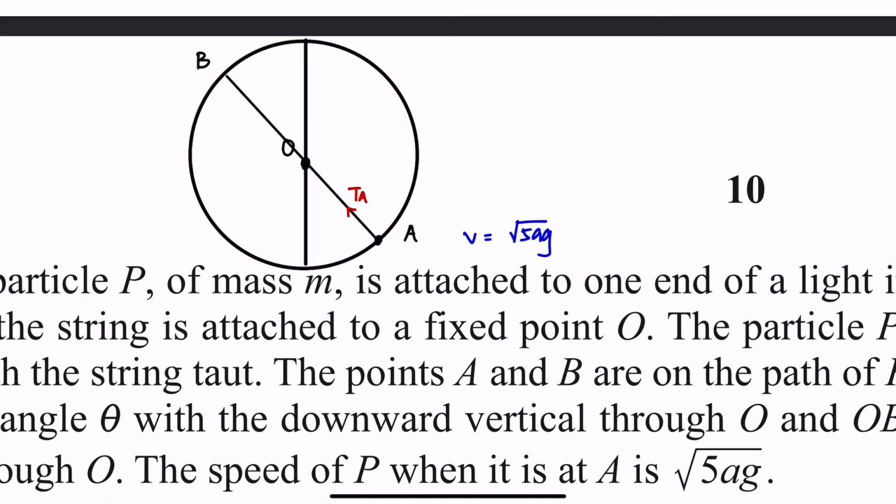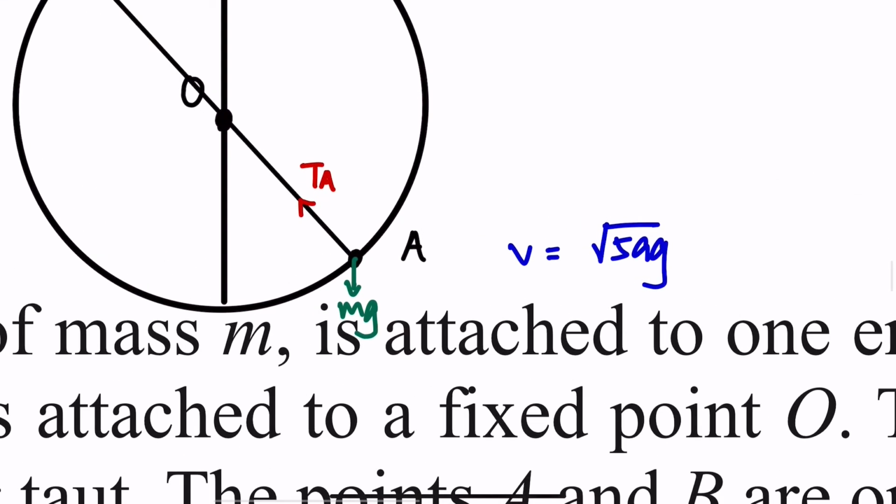Let's say this is a particle, so there will be a downward force, which is the weight. Let's call it mg, but we have to resolve it in the direction of the motion. So this would be theta, and the force away from the center would be mg cos theta.